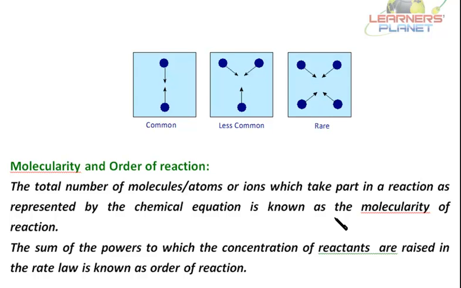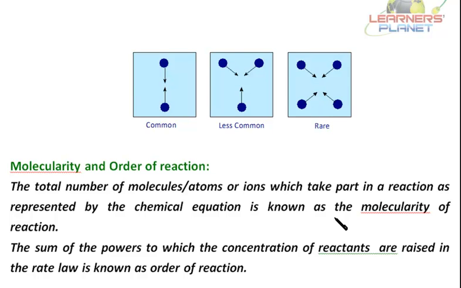There are reactions whose molecularity is 2 and order is 1. Such reactions are called pseudo-unimolecular reactions. That is, they have 2 reacting species, but the change in concentration of only one reacting species affects the rate of reaction. So do remember the difference between the molecularity and the order of the reaction.